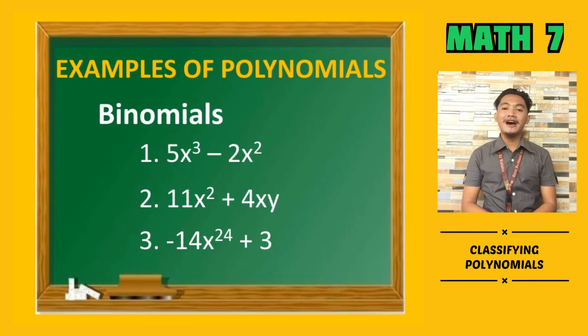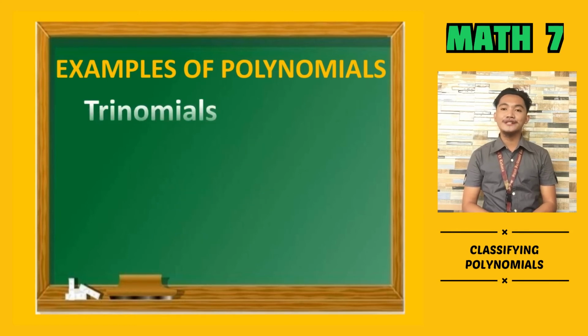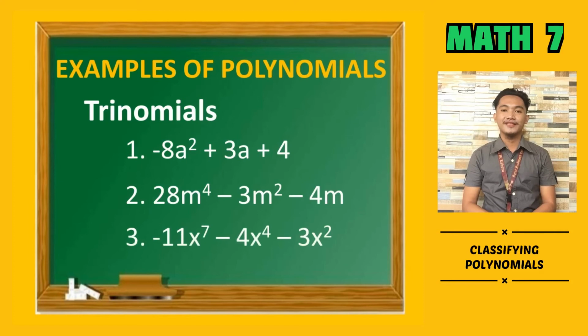Let us also have another set of examples, and these are examples of trinomials. We have negative 8a squared plus 3a plus 4. We also have 28m raised to 4 less 3m squared less 4m.